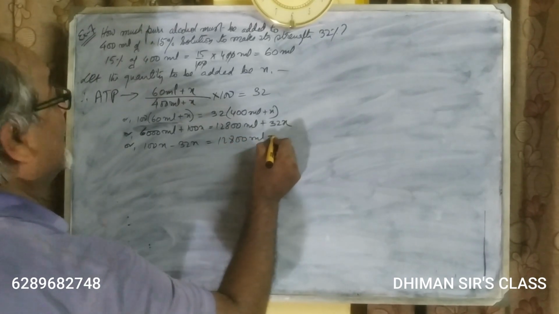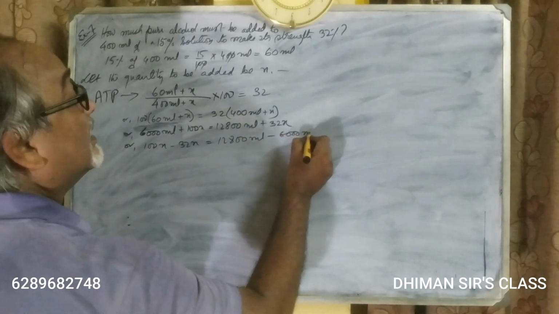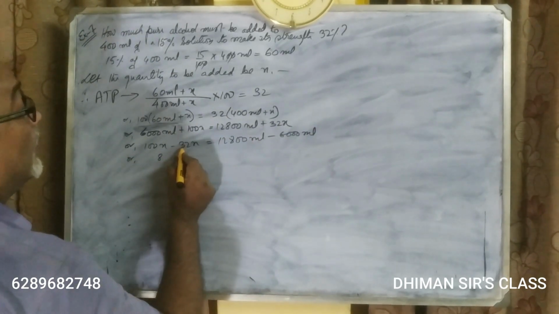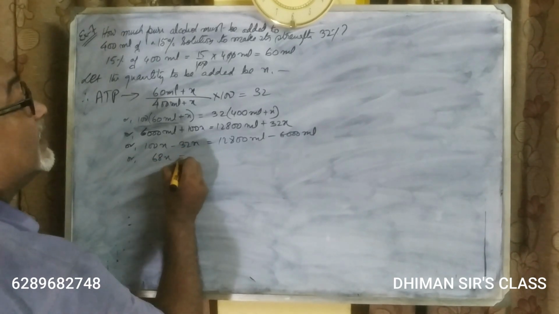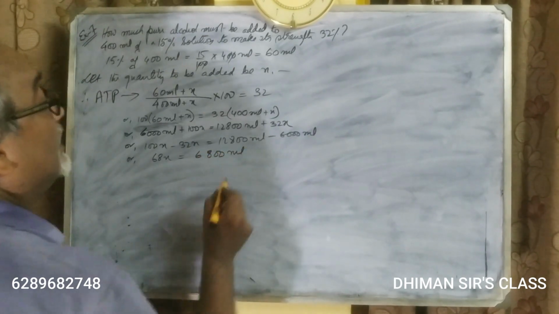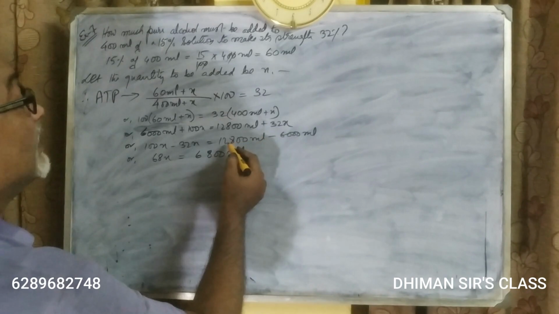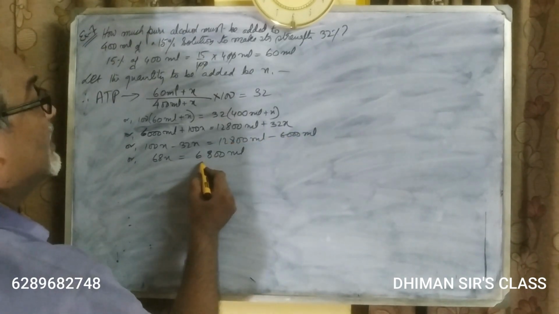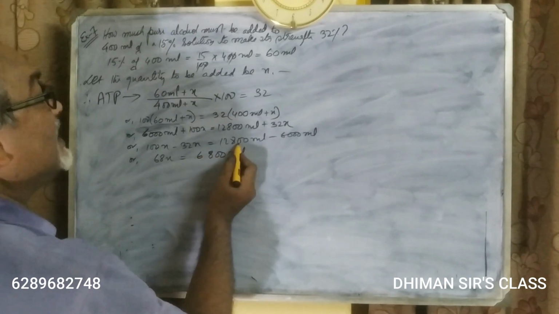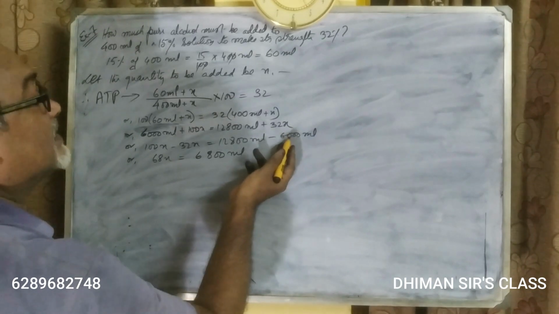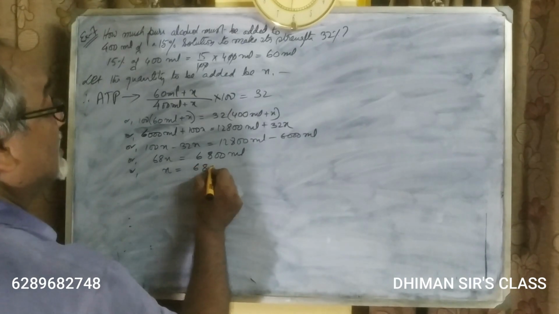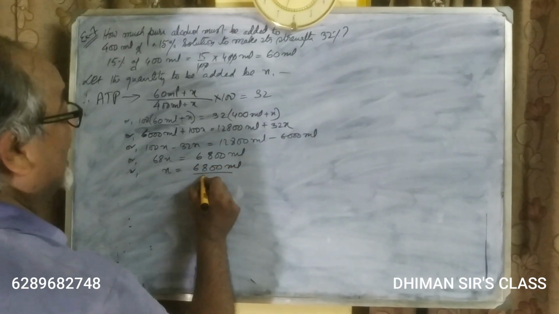12800 ml minus 6000 ml, or 2 plus 8 is 10 carry 1, 4 plus 6 is 10, is equal to 6800 ml. 12,000 minus 6,000 is 6,000. 12,000 is more, its sign is plus, so plus, and 800 is already there. 12,800 minus 6,000 is 6,800, or x is equal to 6800 ml by 68.